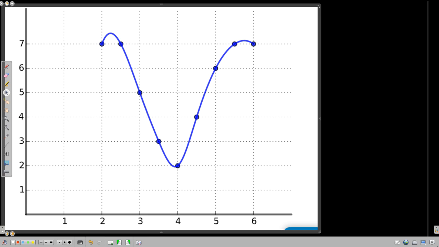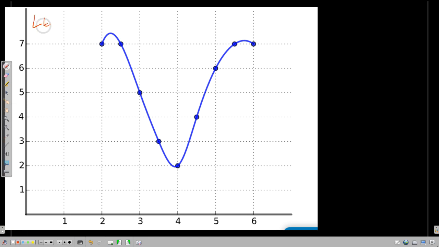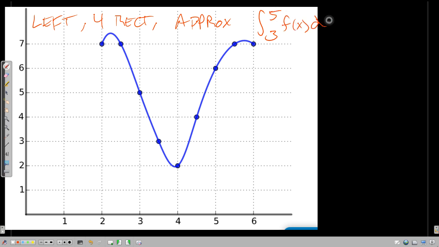And what did they want from me? A left Riemann sum with 4 rectangles. Here they want a left Riemann sum with 4 rectangles that approximates the integral from 3 to 5 of this function.